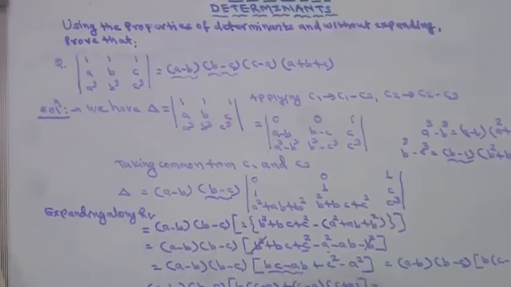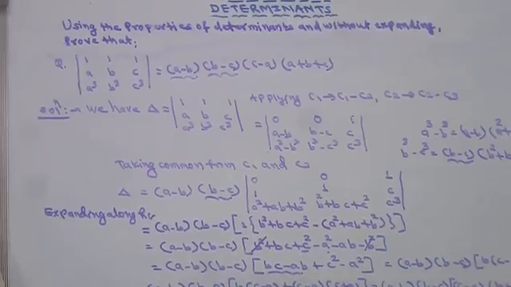So that equals (a − b)(b − c) in the bracket. In the first term c − a is common, and here also c − a is common, so c − a in the bracket, leaving b here and c + a here, giving b + c + a.